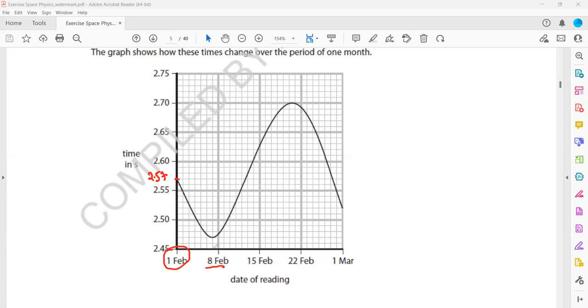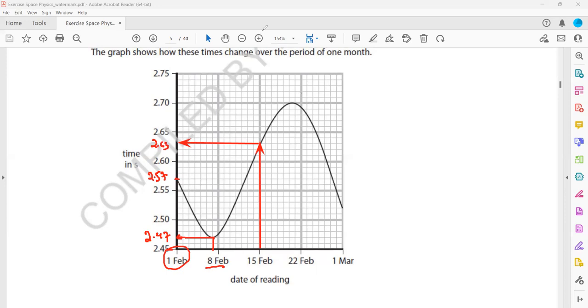On 8th Feb, it was taking 2.47 seconds. On 15th Feb, it was taking about 2.63 seconds.